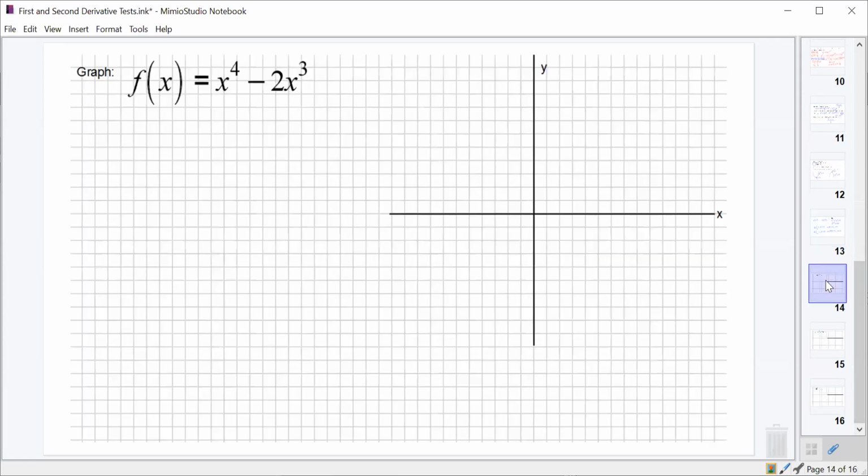Cool. All right, so we're going to make an attempt to graph a function using all of these different things that we've now learned. So we're going to try and graph x to the 4th minus 2x cubed. Anybody have a good idea on what we should do to start that off?